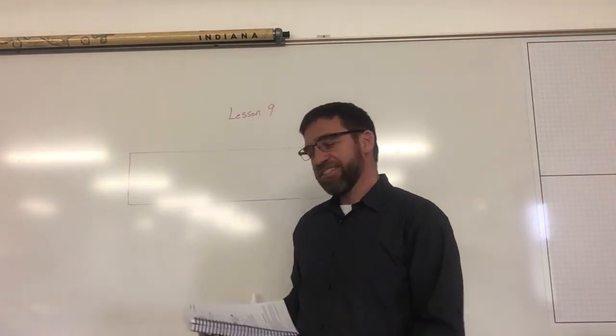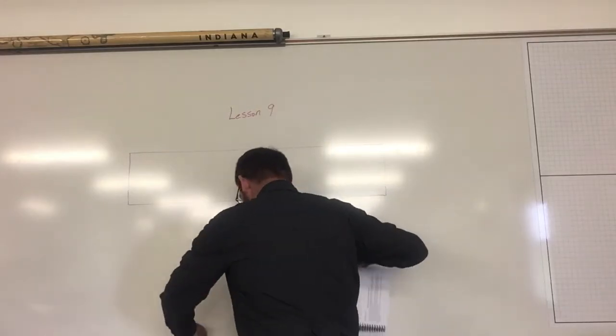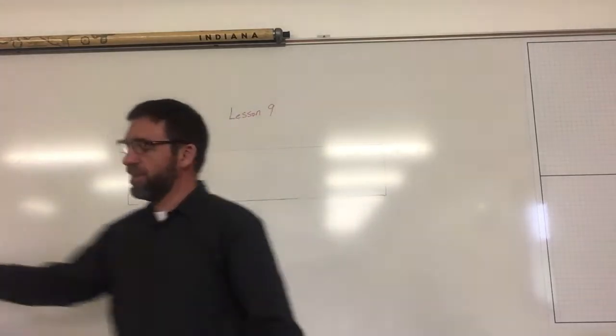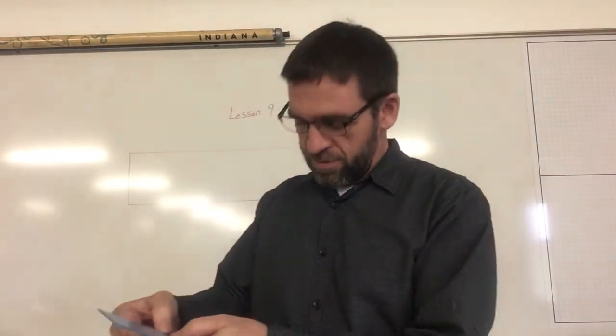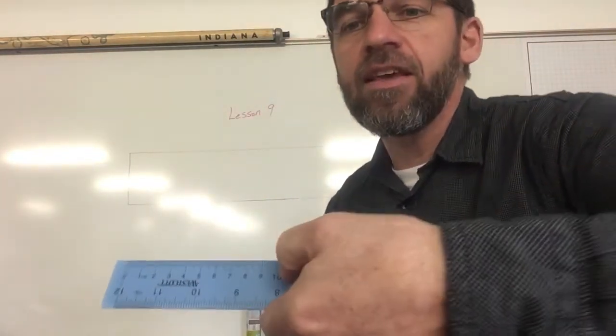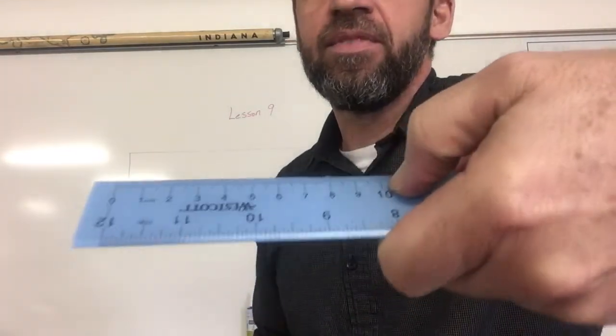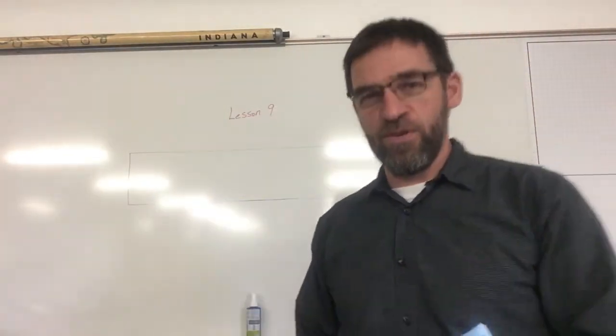Anyway, back to 10 centimeters on your ruler. If you take your ruler and you look at it, a ruler has about 30. So 10 centimeters is going to be about right in there. If you can see there, it's only about a third of your ruler.